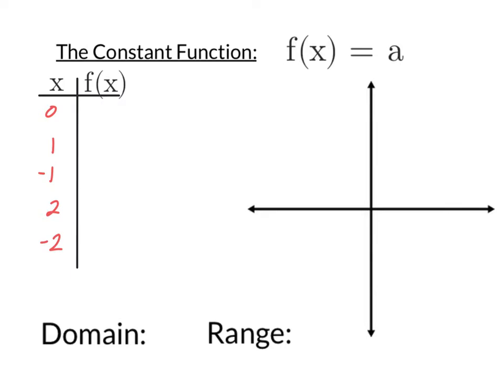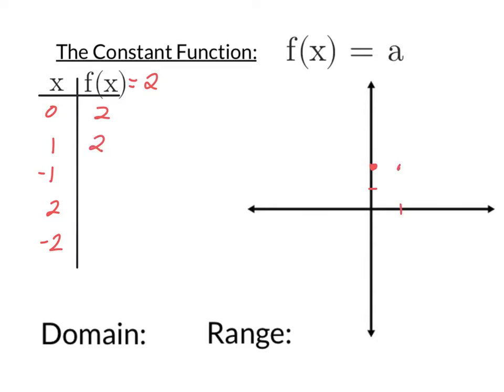Now, f of x equals a is any sort of constant. So let's just, for example, let a be 2, and say that f of x is equal to 2. Then when x is 0, f of 0 is 2. So we're talking about the point 0, 2. When x is 1, f of 1 is 2.